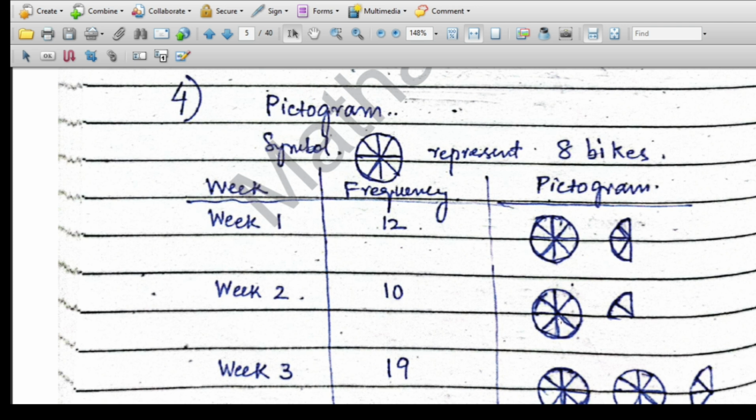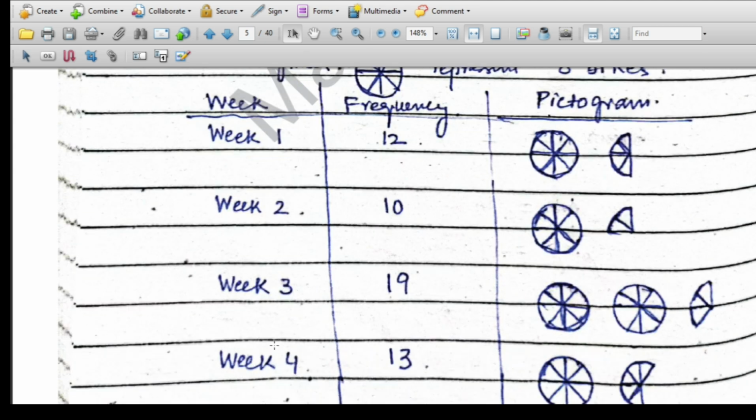This complete circle is 8, and this is 2 sectors, a quarter circle, so 2 plus 8 is 10. In week 3, 19 bikes were sold. So this is 8 plus 8 is 16, plus 3 sectors, 1 2 and 3, so this is 19.